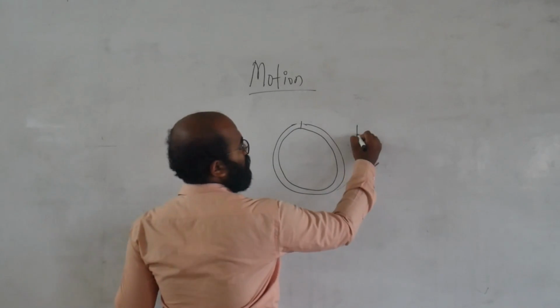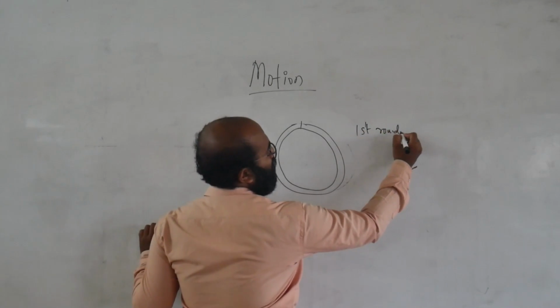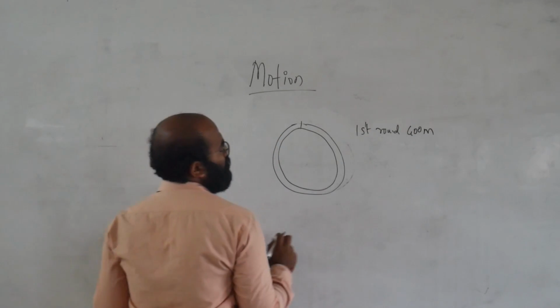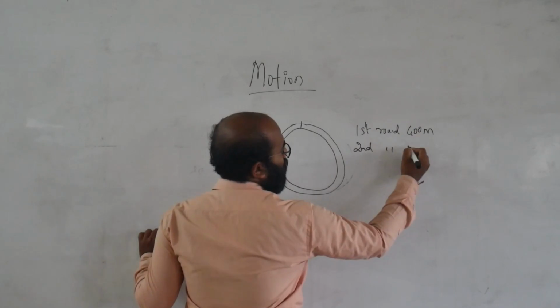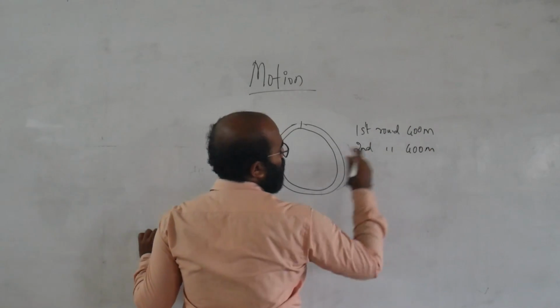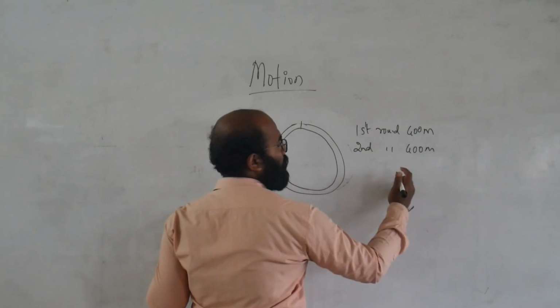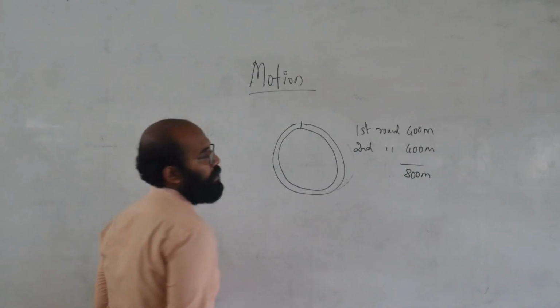So the first round I would have travelled 400 meters. Similarly, the second round, again the distance will be the same, 400, but after 2 rounds it will be 800 meters.